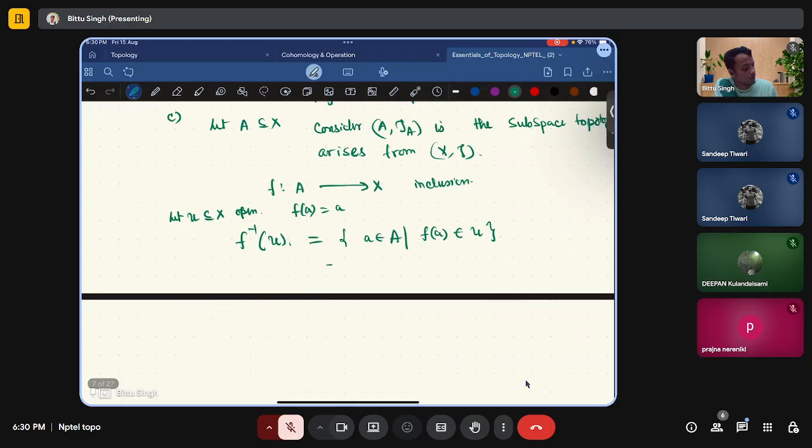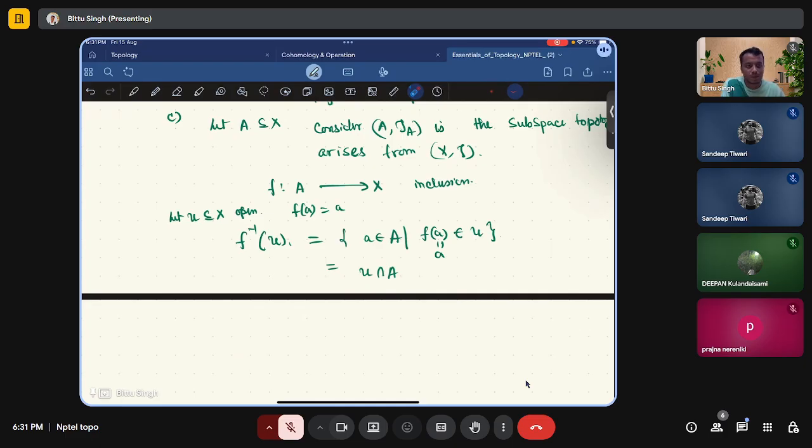But this is same as f_A is identity, which equals A. So this is same as A belongs to A and also A belongs to U. So this is same as A intersection U, or whatever, U intersection A. But note that this is open in subspace topology by definition.